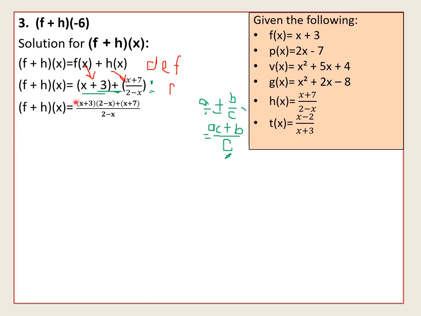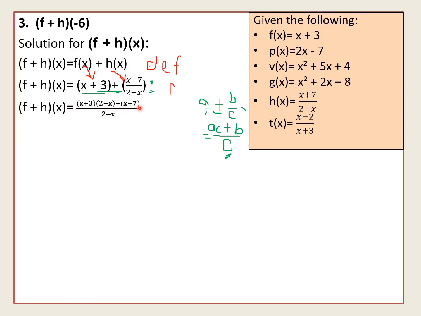Okay? Get this one. So, bale, the denominator here is 2 minus x. Tama? 2 minus x. Tapos, si 2 minus x, multiply natin kay x plus 3. Kaya, naging siyang x plus 3 times 2 minus x. Tama? Tapos, addition, plus, kopyahin nyo lang yung denominator, x plus 7. So, ulitin ko lang po, that for us to simplify this, we're going to combine it.